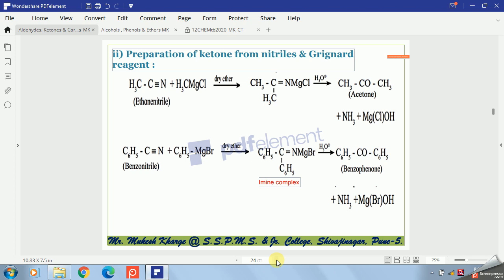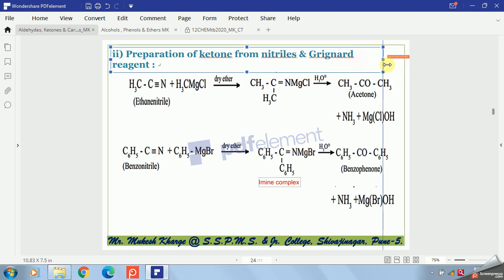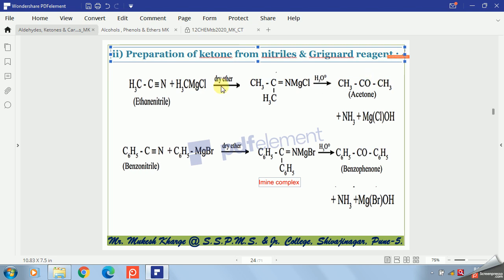Again the same reactant, but by using Grignard reagent. Okay, so here we use the Grignard reagent, and here is the reaction. Ethanenitrile or acetonitrile or methyl cyanide reacts with it. So it depends on your product. If you have to obtain acetone, take a methyl group in your Grignard reagent, methyl magnesium chloride. The reaction takes place in the presence of dry ether.